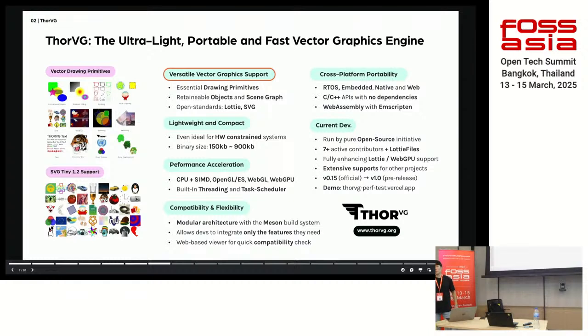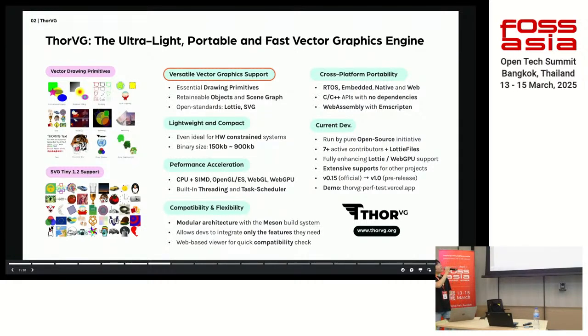Apps only need to manage the drawing objects and update their properties as needed. Then ThorVG renders the image on behalf of applications appropriately. So that is a key advantage of ThorVG.